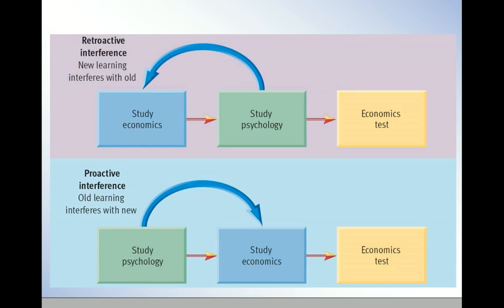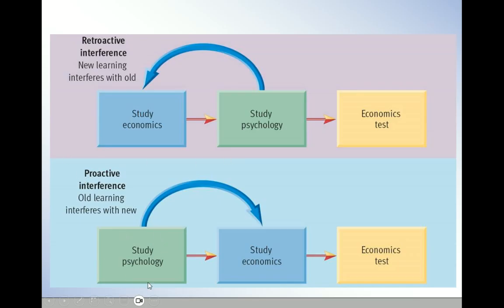Now that you have a new phone number, you forgot your old phone number. Which that's not bad, but sometimes you want to remember old stuff, you know. You got a new combination to remember, so you forget your old combination. Proactive interference is the opposite. Pro means forward.